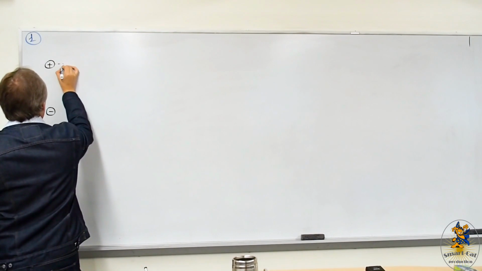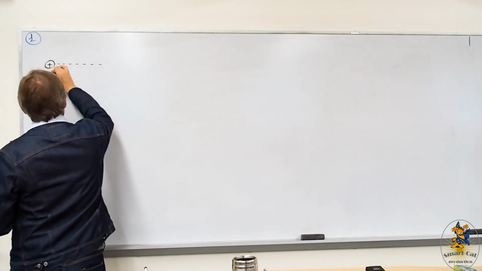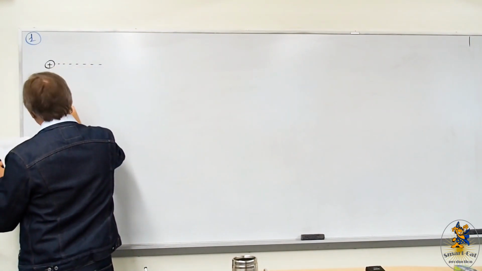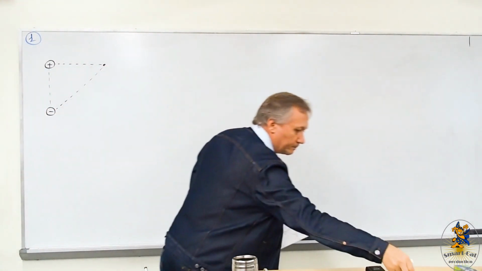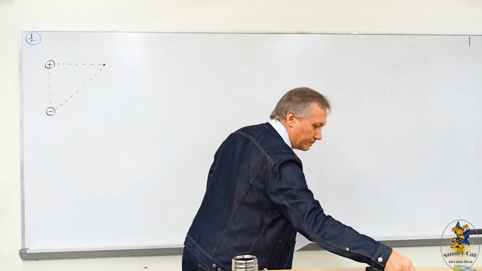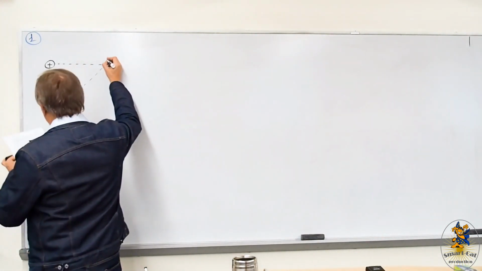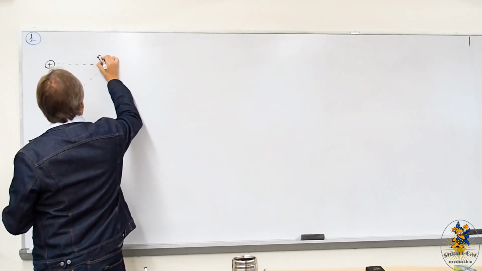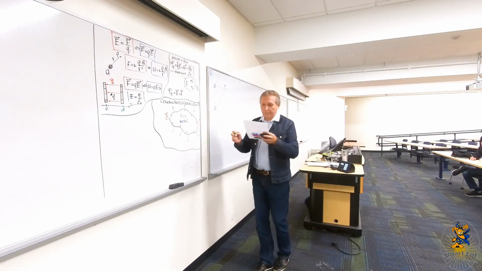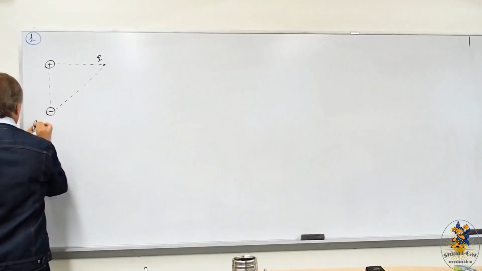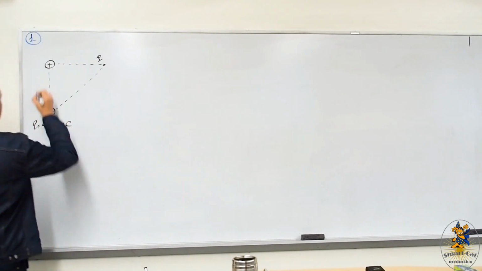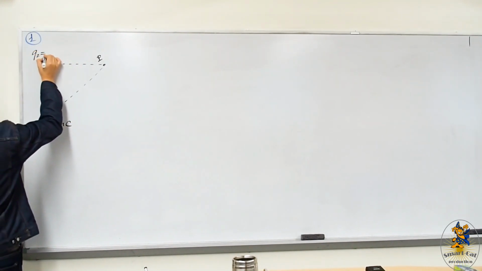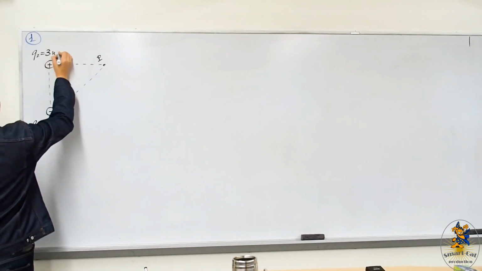We need to find the net electric field at this point P. The value of the first charge, Q1, is minus 6 nanocoulombs, and Q2 is 3 nanocoulombs.